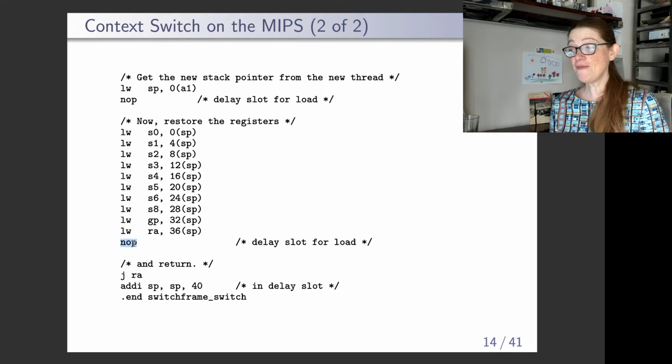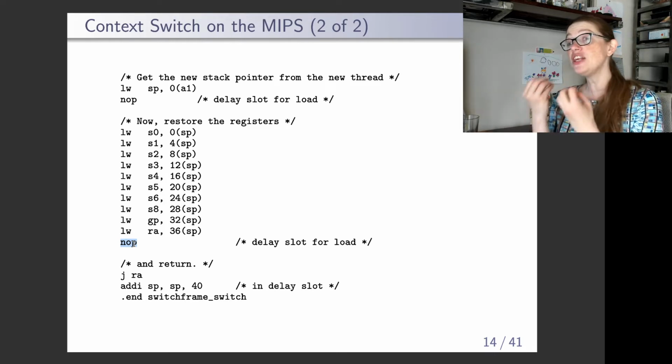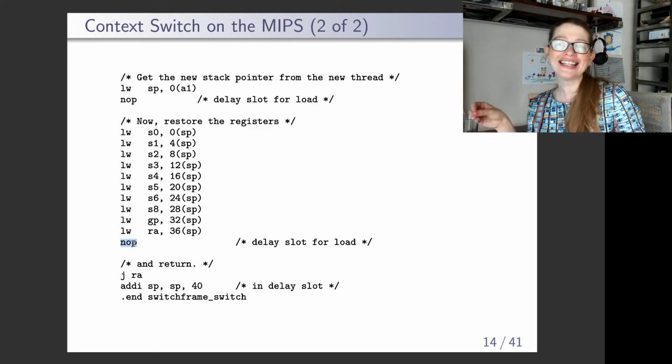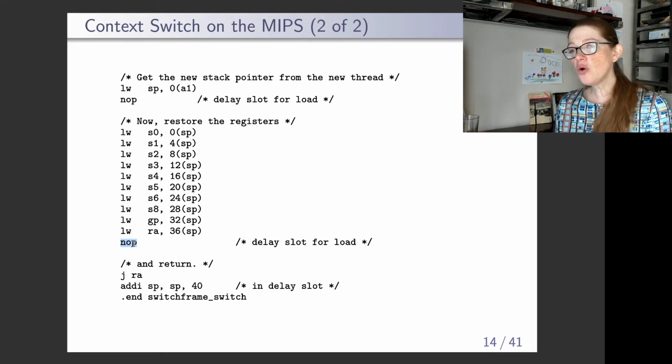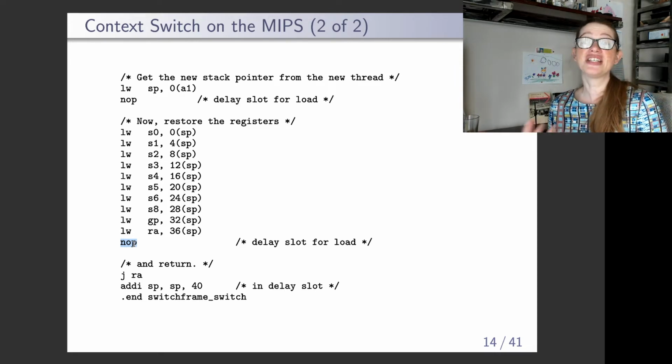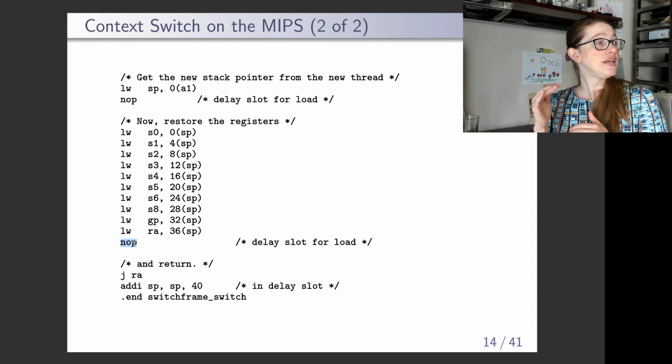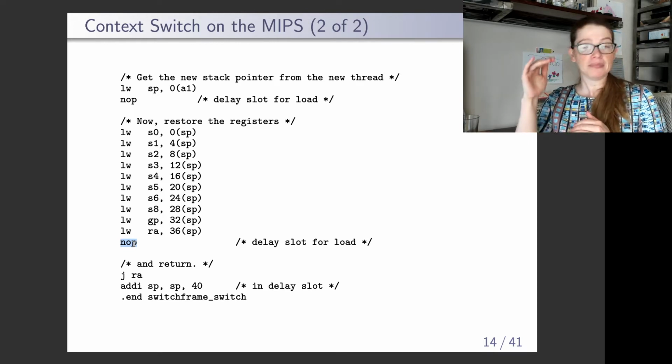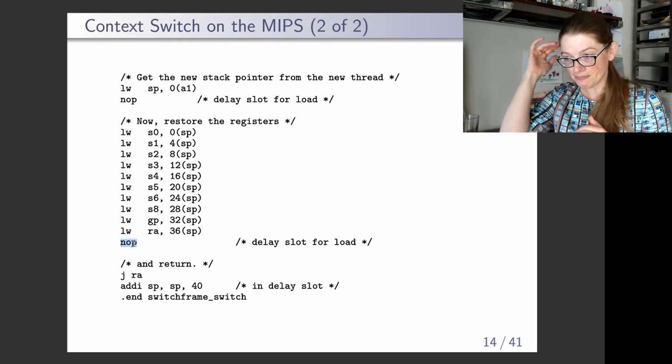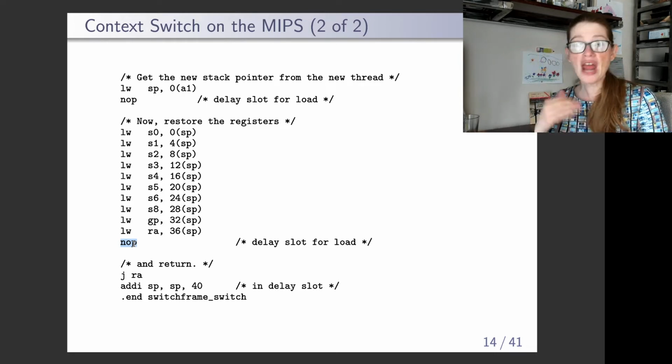But if you have a load and then the thing you are loading into, you're going to immediately use, because loading and dealing with memory takes extra cycles, you're going to want to put some space between the load operation and where you use it.